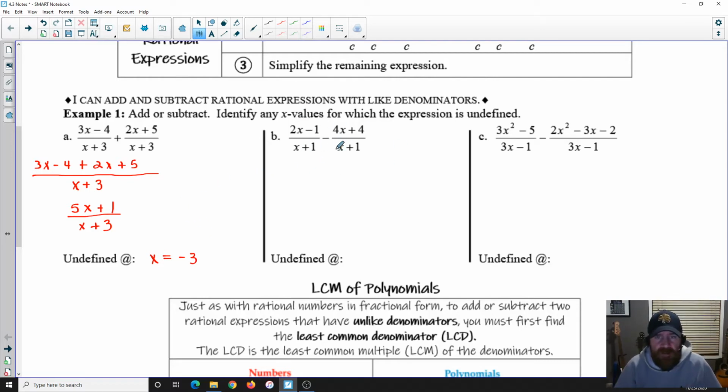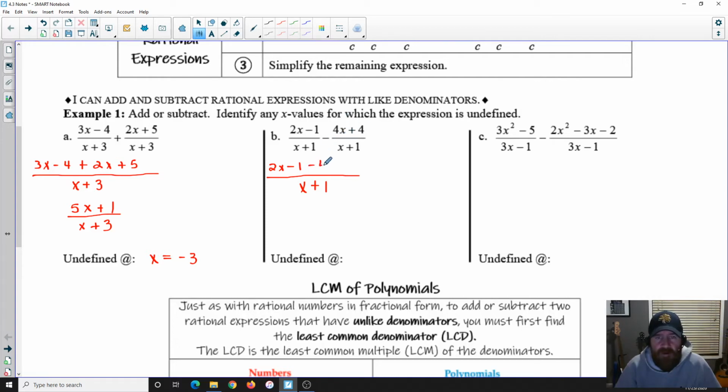So next one, we have a common denominator already, so that's good. So now we can just put it over the common denominator. We're going to be subtracting this numerator from this numerator. So 2x minus 1. We can put a minus and then parentheses in our numerator in the second fraction, or we can just carry the negative through right now.